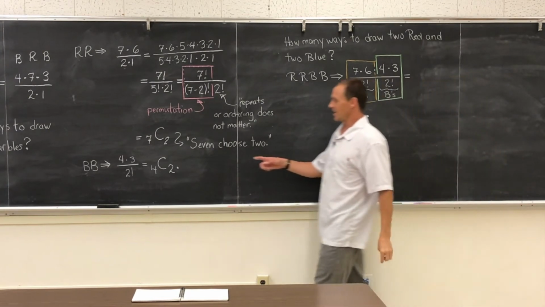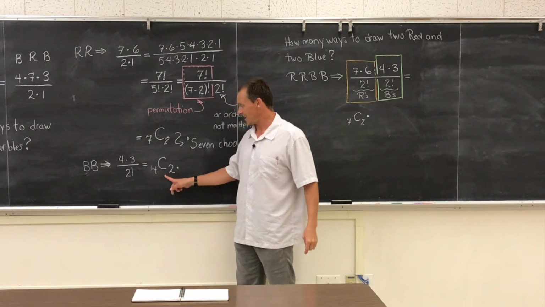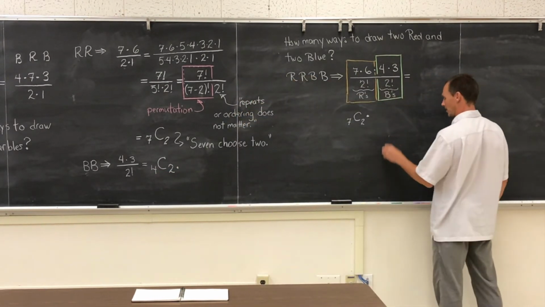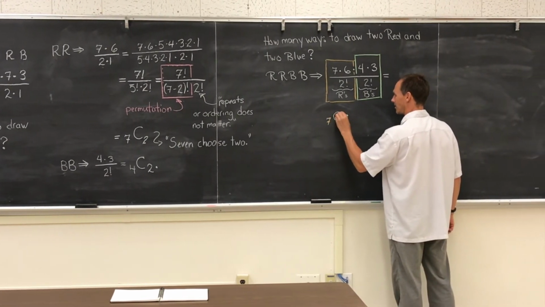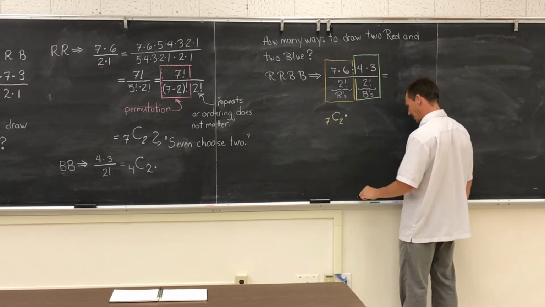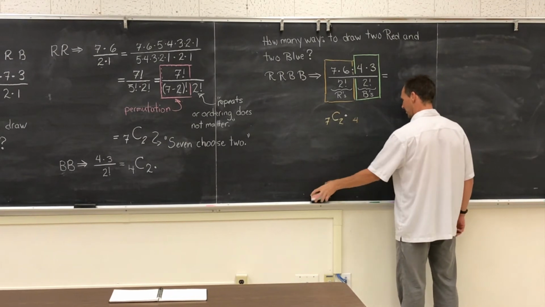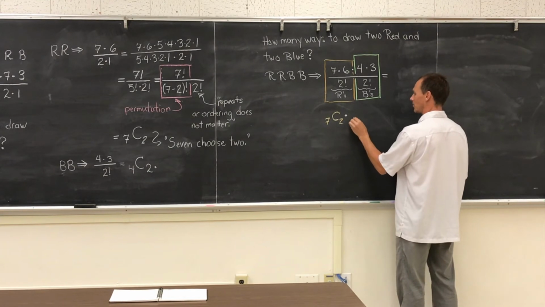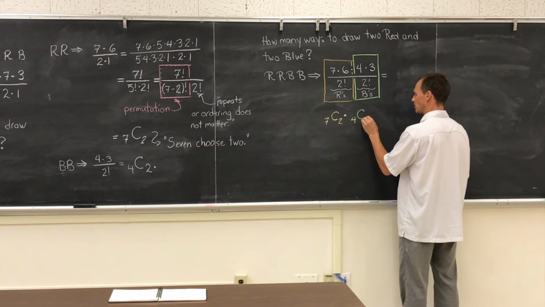I almost forgot. Look at that. We'd already figured that. That's 4 choose 2. So that's the next piece. I should write this one in orange so that it matches. 7 choose 2. Orange and white looks like a creamsicle. And then my next box was 4 choose 2.